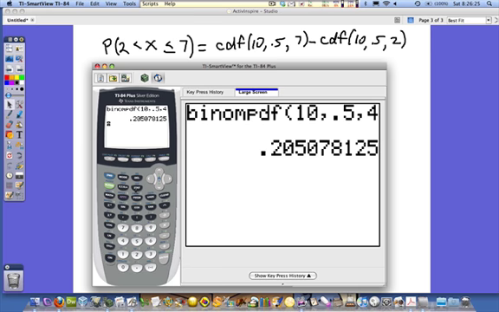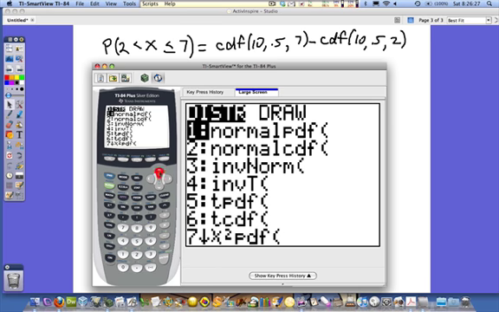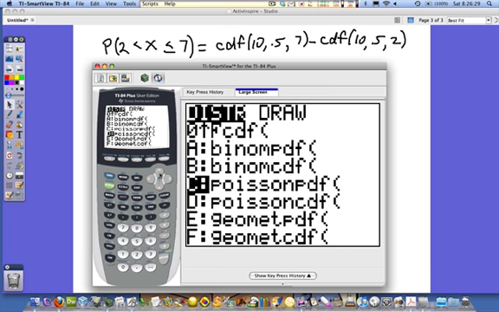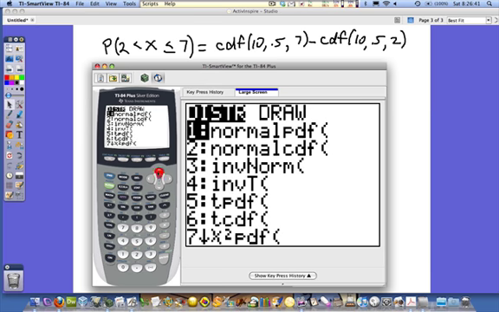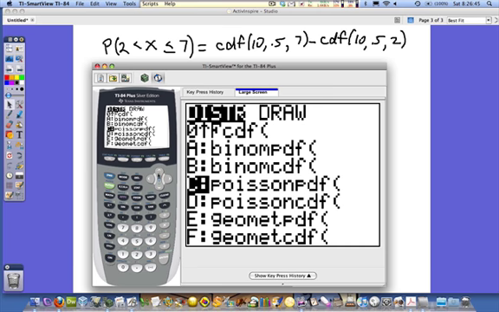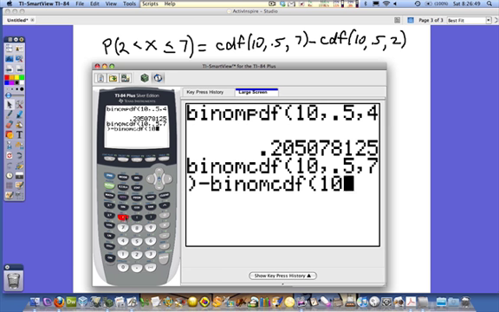Okay, and that would be very easy to do now. All we need is binomial CDF of 10, 0.5, 7 minus, and we just get the binomial CDF again, binomial CDF of 10, 0.5, 2.